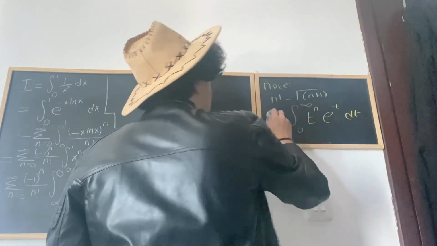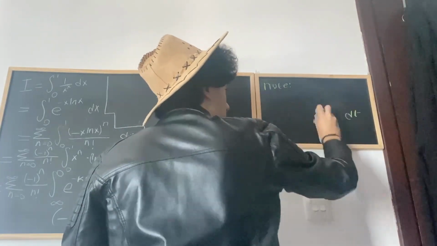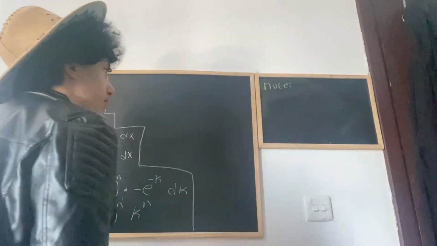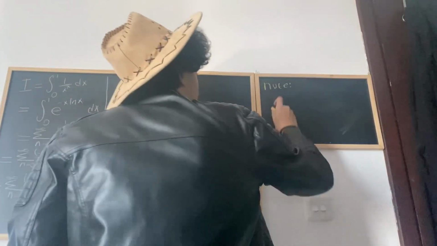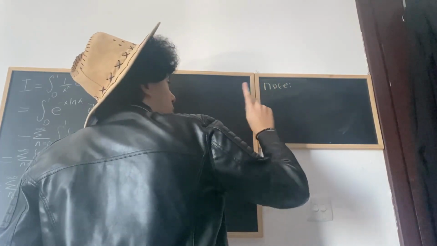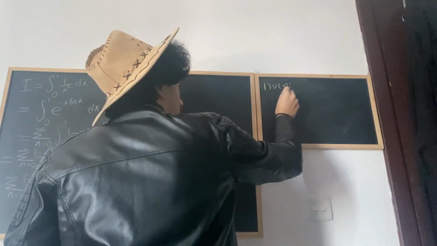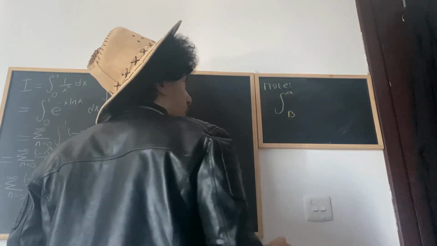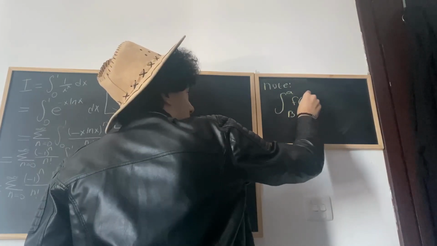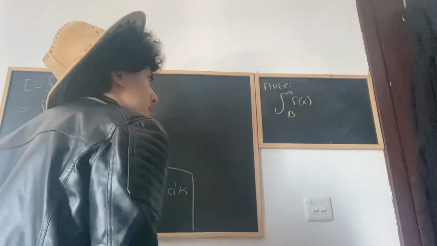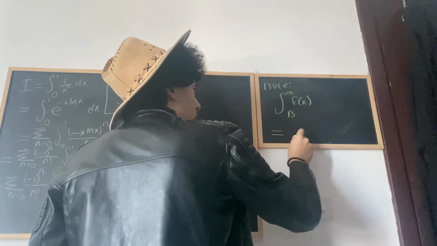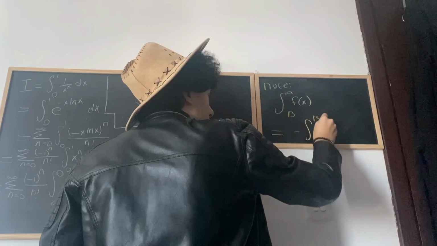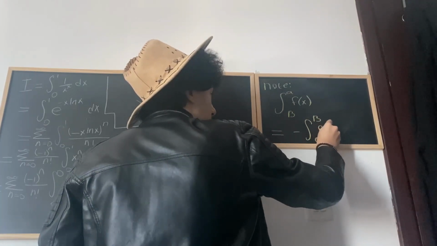Let me go to our small board over here. Now where is my yellow chalk? Here we go. So let's remember this rule. The integral from a to b of f of x is equal to the negative integral from b to a of f of x.